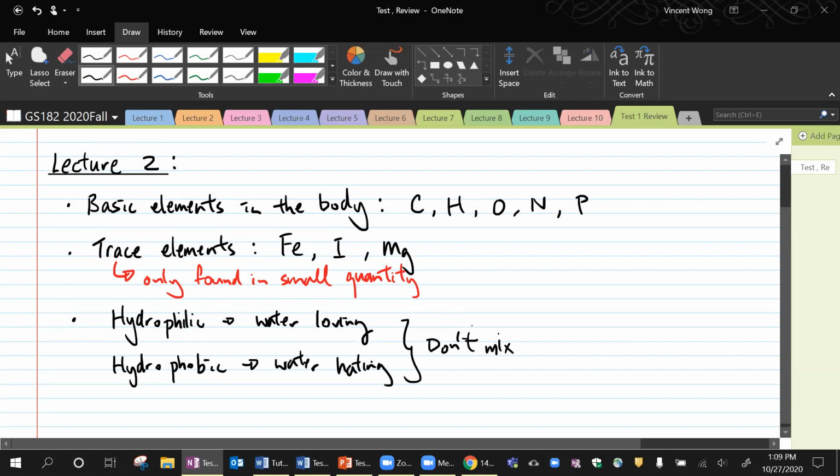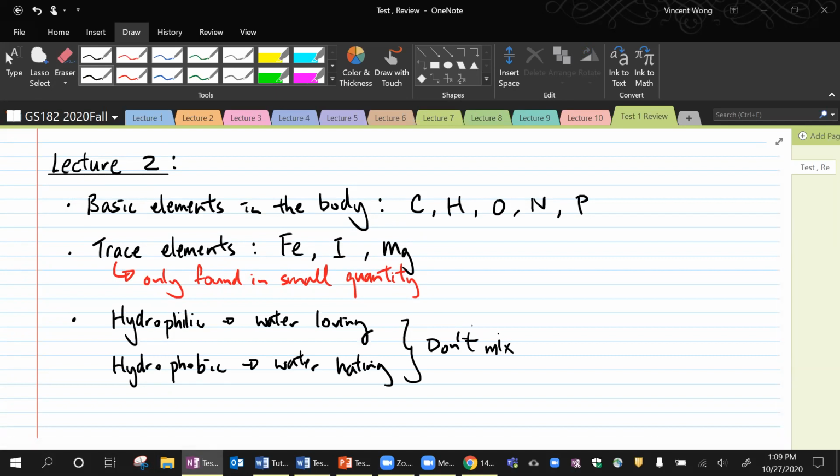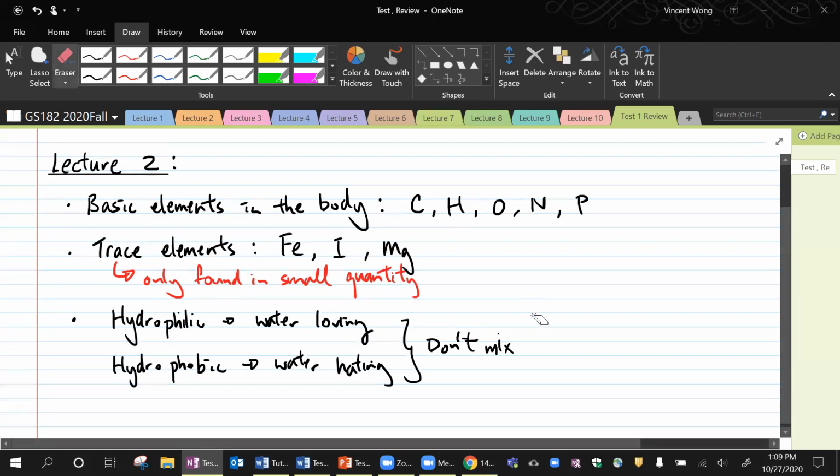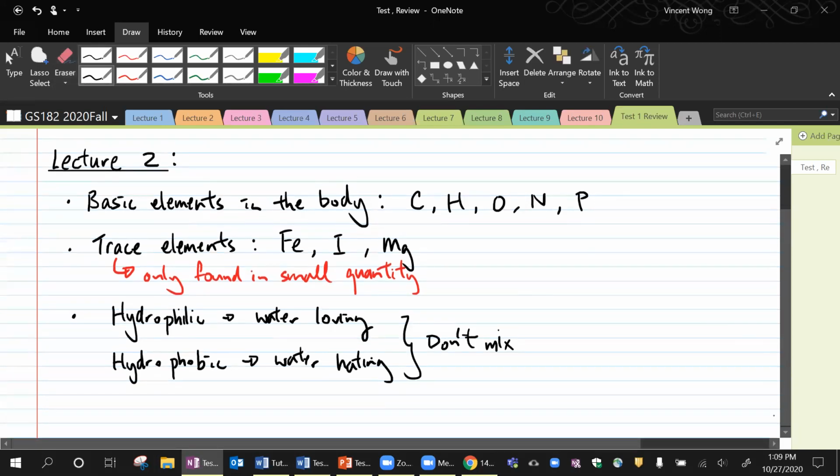The reason we have to know that is because hydrophobic and hydrophilic substances will not interact well, so we can predict what's going to cross the cell membrane. The cell membrane has the phospholipid bilayer, which has the hydrophobic core in the middle, so if you are a hydrophilic, charged molecule, you won't be able to get through that easily. So that's that.